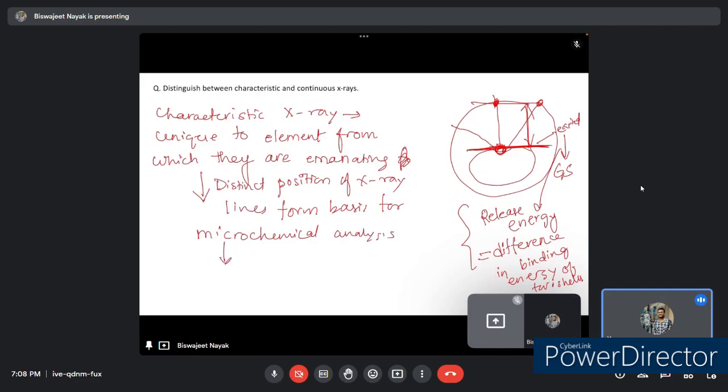What is done here is that different elements in the specimen material are identified.